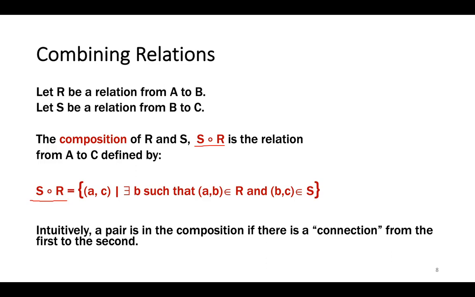Here we have R, which is from A to B, and S is from B to C. If you combine them together with composition, we can write S circle R. In this case, we apply R first, then apply S. So R will be A to B, S is B to C. That means it will be A to C. So you can simply say it is S of R, and maybe there will be another, but this can make a connection with a common element.